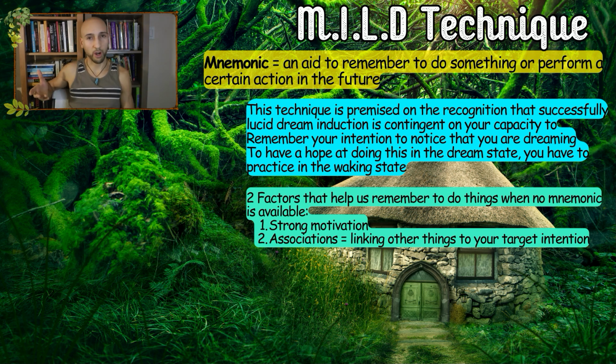What does that mean? Strong motivation. This might be obvious, but if you want to remember your dreams, you actually have to want to do that, right? You can't fool your mind. Your mind, your internal intelligence, it knows what you are truly after. And if you're actually not interested or not motivated, there's no way to hide that.